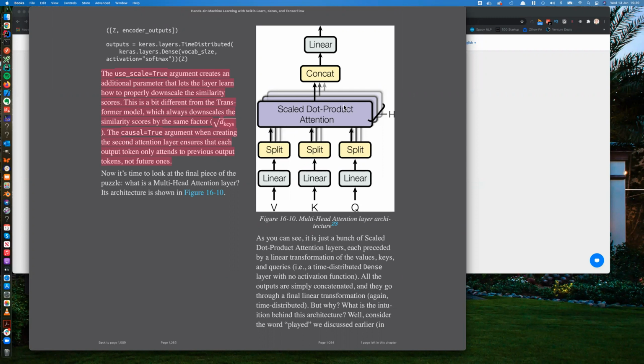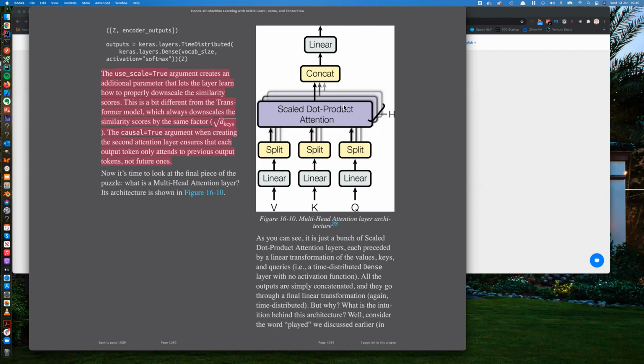In this case, usually the queries, keys and values are reshaped into a tensor of size, ignoring batch size for now, number of heads, sequence length, and head dimension, which would be the dimension of embedding divided by the number of heads.